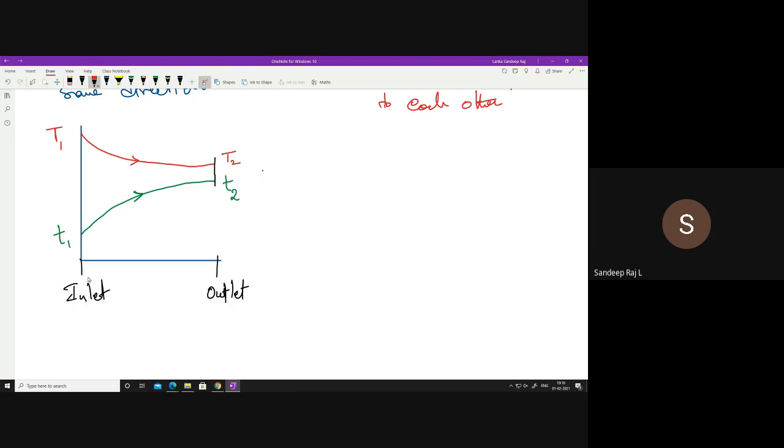It is important to note that I have not drawn this particular hot fluid temperature in this way. I would have drawn it like this. This is also a decrease, but this is not correct. That should not be done like that. Why is it not done like that? Tell me.